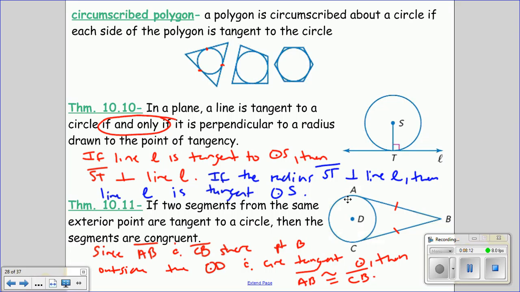So since the two lines are tangent and meet at the same point outside the circle, they're congruent, essentially is what it's saying.